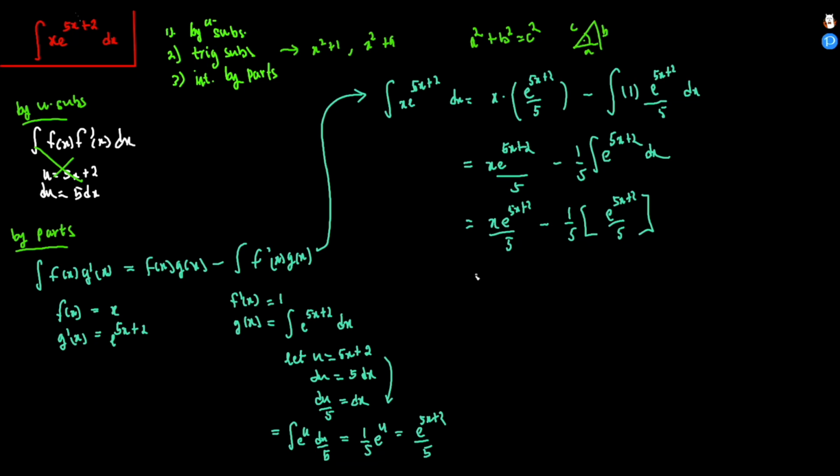You can simplify this out. We get x e to the 5x plus 2 over 5 minus e to the 5x plus 2 over 25. You can pull this out and do some more simplification, but essentially this is the answer.